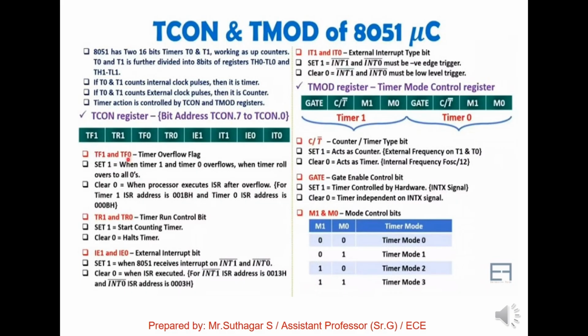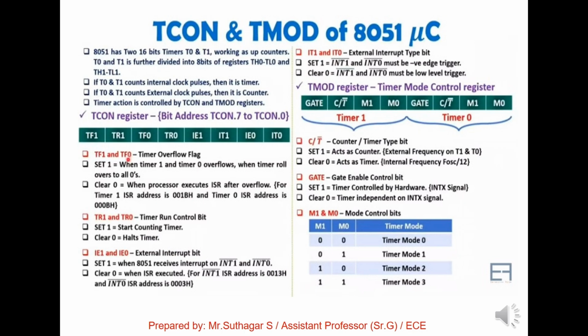TR1 and TR0 are the timer run control bits. This bit is made 1 when you start counting, and made 0 when it stops counting. So when counting is started, this bit should be 1, and if you want to end, it should be made 0.